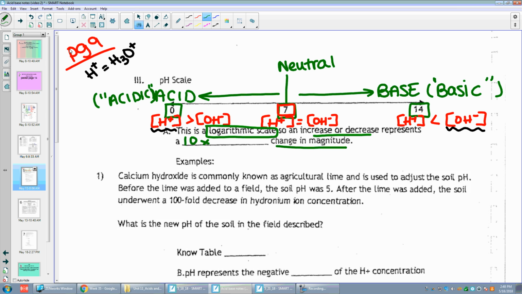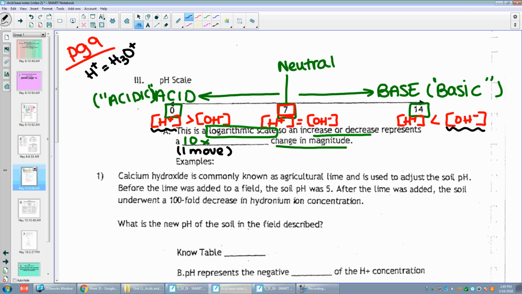So that would mean if I move one time, one move, meaning I go from a 6 to a 7, or a 7 to an 8, a 1 to a 2, if I change my pH, I'm changing how much H plus or OH minus I have.